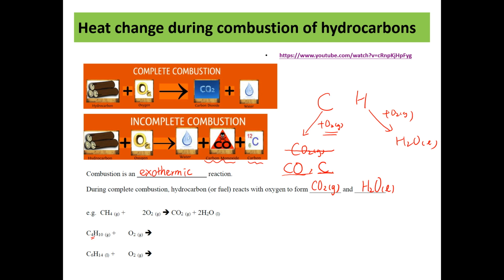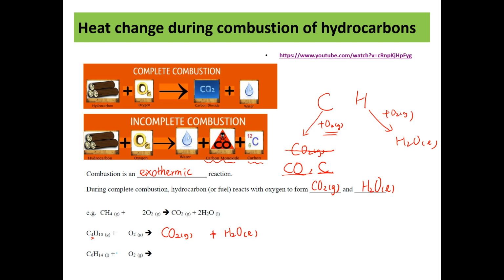It's C4H10, so 4 carbon in one molecule. When it reacts with oxygen in complete combustion, it will form carbon dioxide and water. Now for this part, you better use your pencil. Firstly, we balance it by looking at the number of carbon.